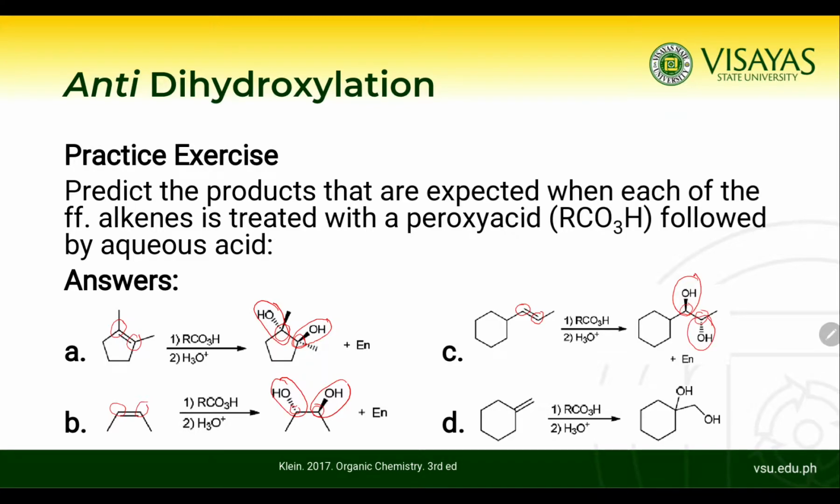For letter D, these are the two carbons where the hydroxyls bond. Now both of these carbons are not chiral centers, so we do not show a wedge or broken line for the hydroxyl. Just remember, if there is a syn or anti-addition requirement, we only show a wedge or broken line if we have a chiral center in the product. Okay?